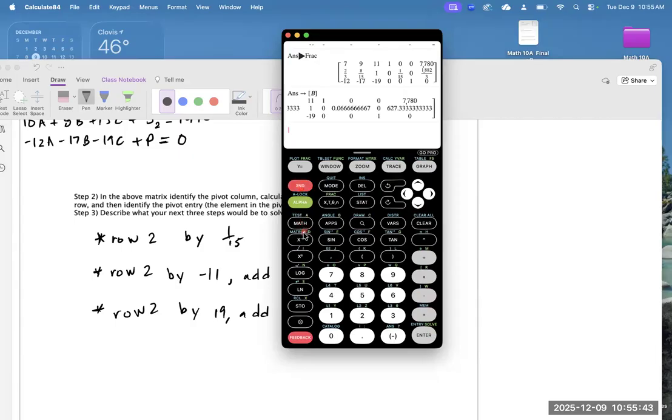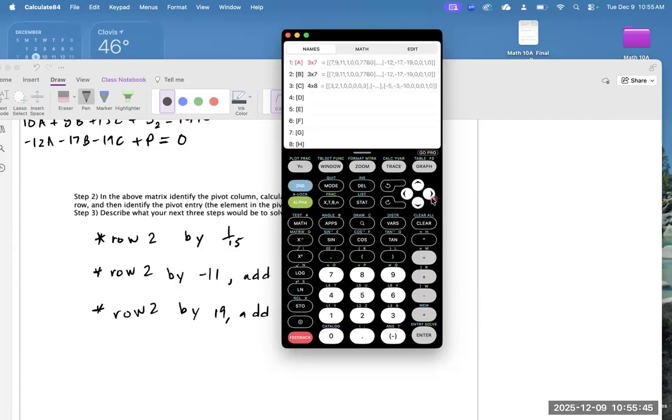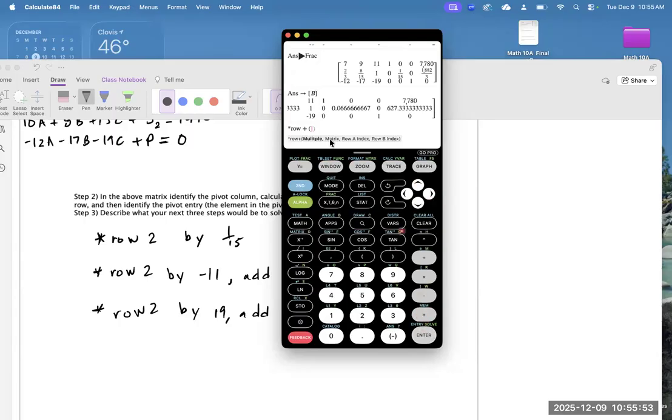Now go to second matrix, math. I'm going to choose times and then add. So this was a multiple, matrix, row A and row B index. I said earlier I wanted to multiply it by negative 11, so I used negative 11.